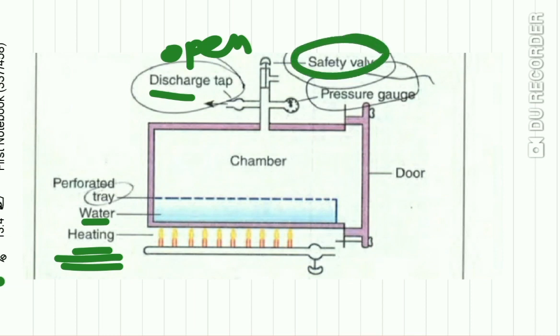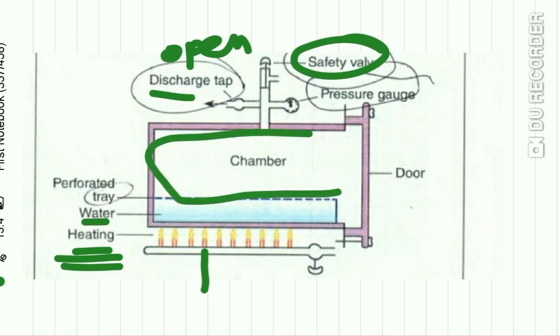When heat is applied, the water starts boiling, and the steam and air mixture is allowed to escape till all the air has been displaced. So how to check whether all the air inside this chamber has been displaced?